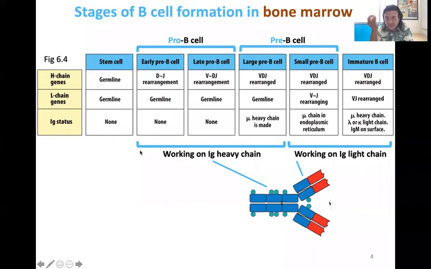As you start off with a stem cell in your bone marrow, that stem cell is going to divide, and every time it divides, it's going to change a little bit. It's going to differentiate a little bit more, getting closer and closer to becoming something like a full-fledged B cell. Right?